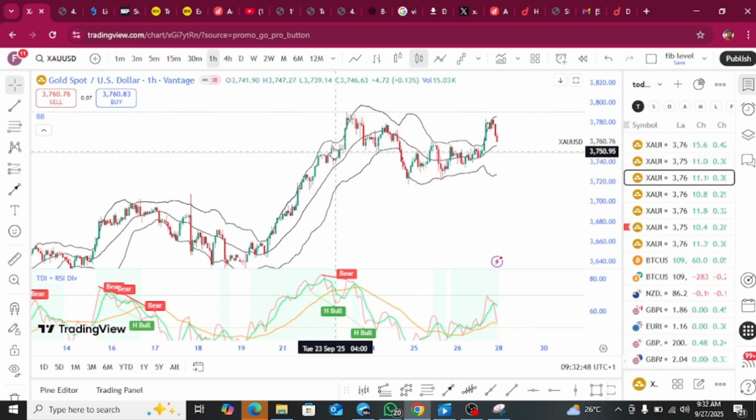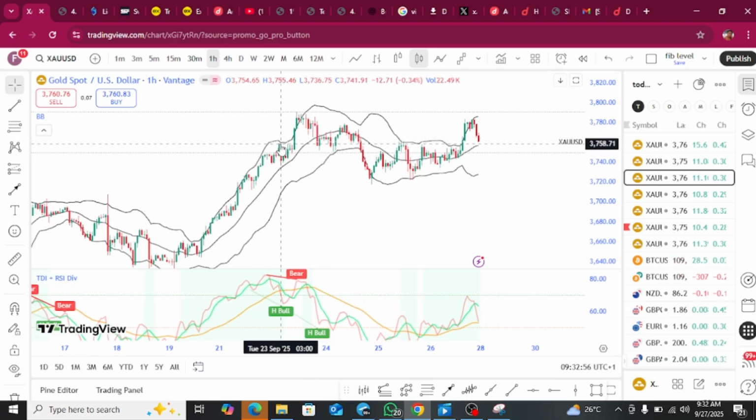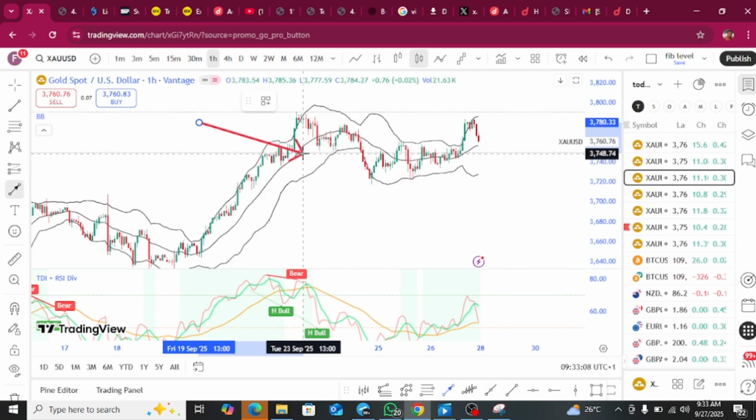Most times, like here, see, once price got to this place, some people will want to sell just because price has gotten to the Bollinger Band. But as you can see, price broke out of it, which actually showed that that was not the right way to trade it.